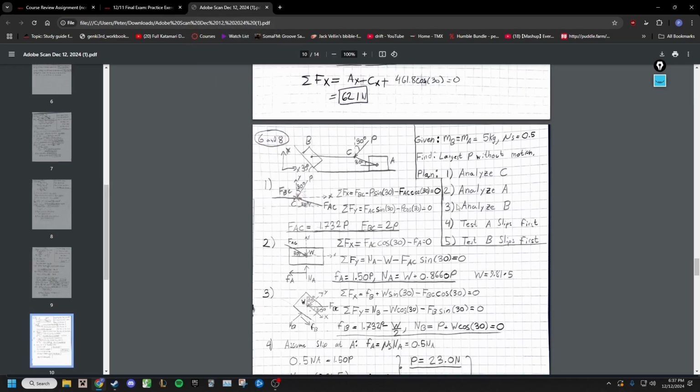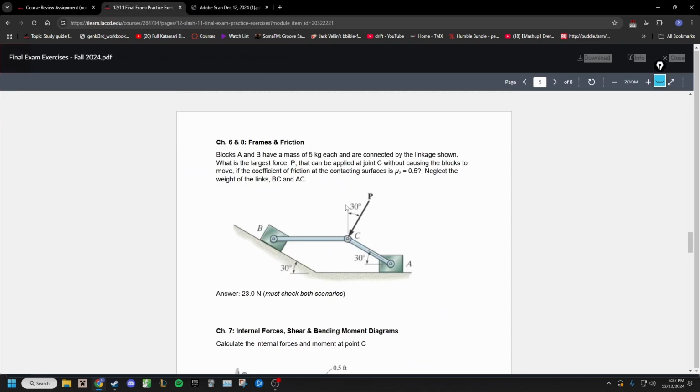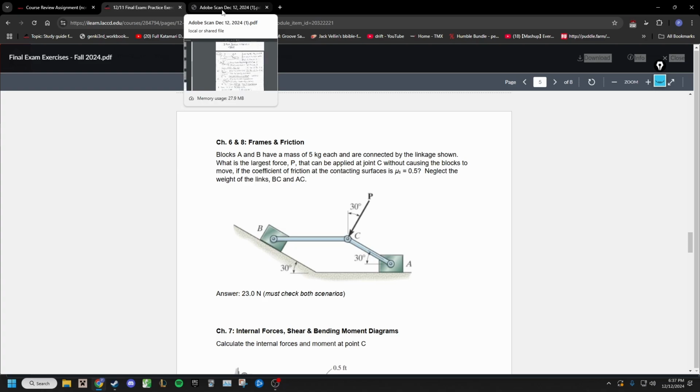For this problem, I found it easier to first analyze C, A, and B to get the frictions, just to get things in terms of P, the force that we're finding, and in terms of the normal force or the frictional force. We're asked to find the largest P that we can have without there being any movement.